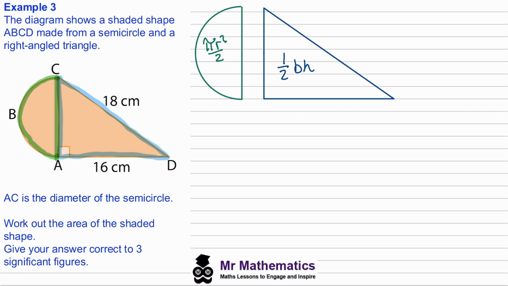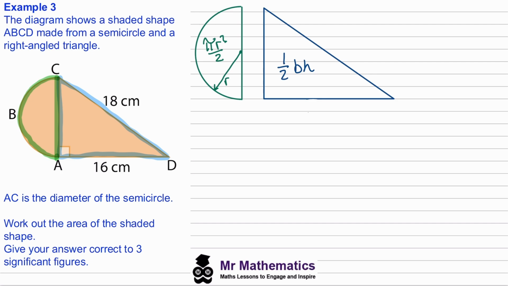So we need to work out the radius for our semicircle, which is this length here. And we need to work out the perpendicular height for our triangle. But you can see that this height is 2 lots of a radius. So all we really need to do is to work out this height. Then we can divide it by 2 to give us the radius of a semicircle.